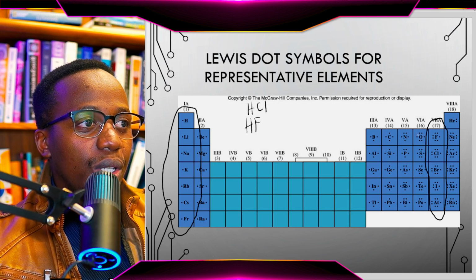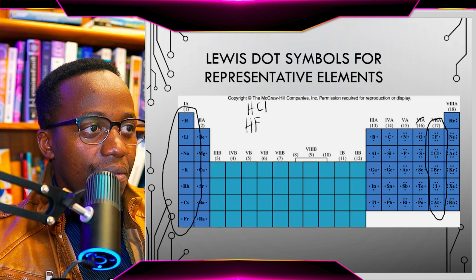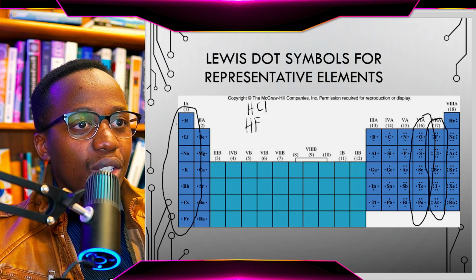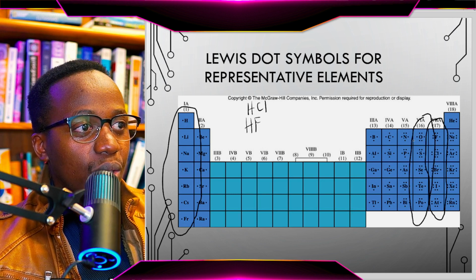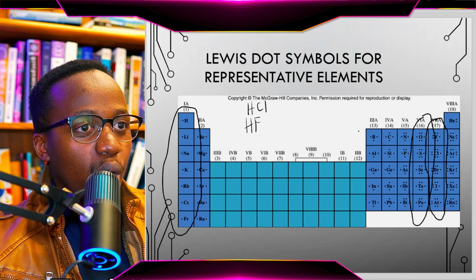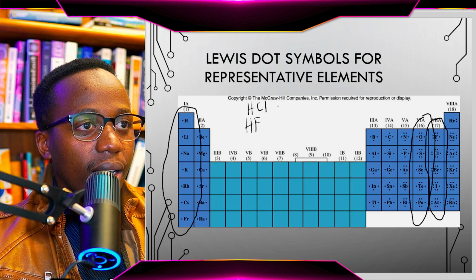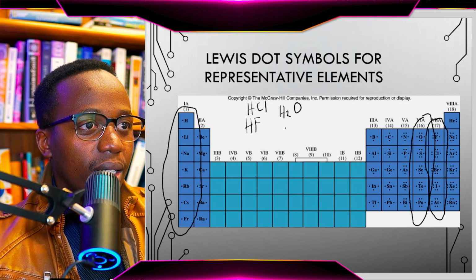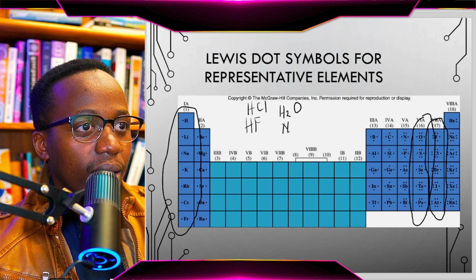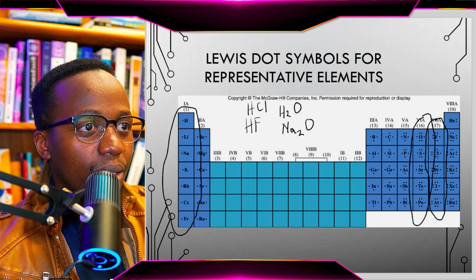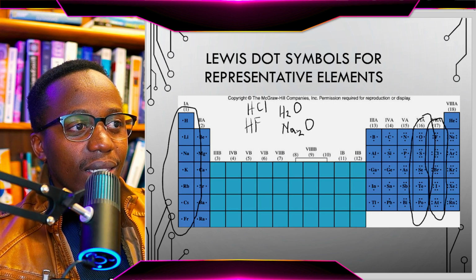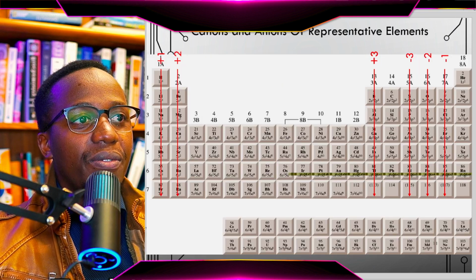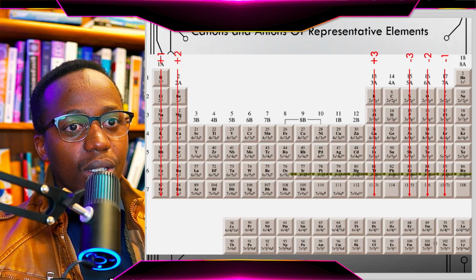But look at what happens when you go to oxygen here. They have 2 electrons that are free. So you will need 2 hydrogens to bind to 1 oxygen. So that's why hydrogen needs to be 2 to bind to oxygen. Or sodium needs to be 2 to bind to oxygen. You need 2 sodiums. So this is where it all comes from. It comes from their Lewis structure, but it's manifested with their charges, right?